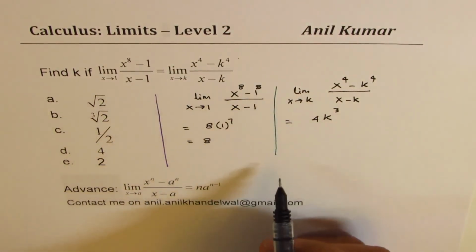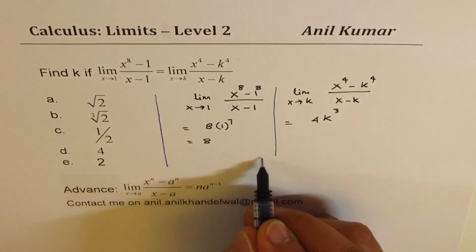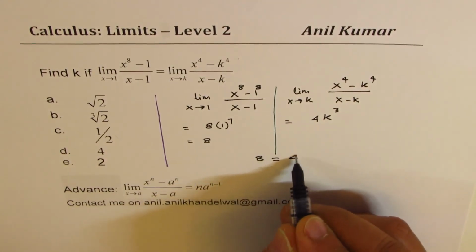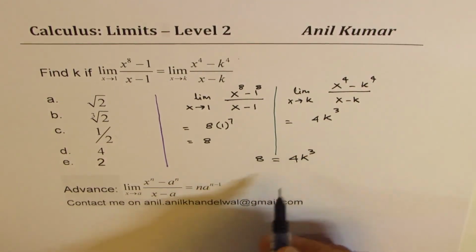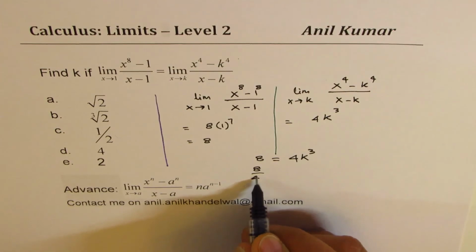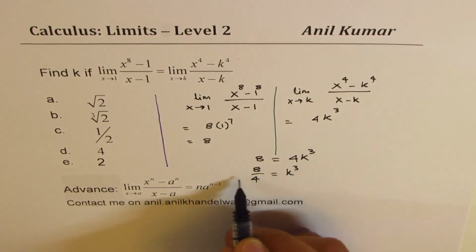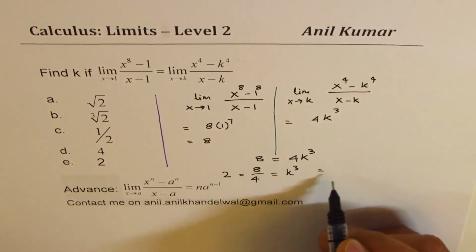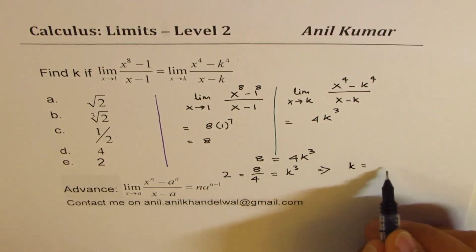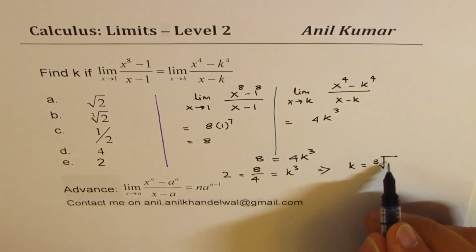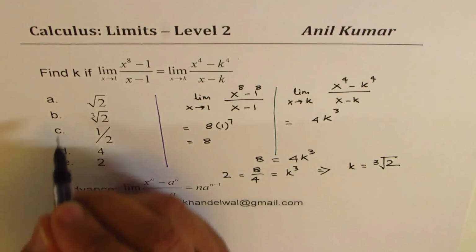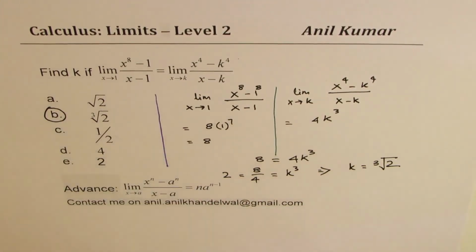Now, when we say they are equal, we are saying that 8 equals 4k cubed. That means 8 divided by 4 is k cubed, right? Which is 2. So the answer is k equals the cube root of 2, which is option B for us. So you get B as your correct answer, right?